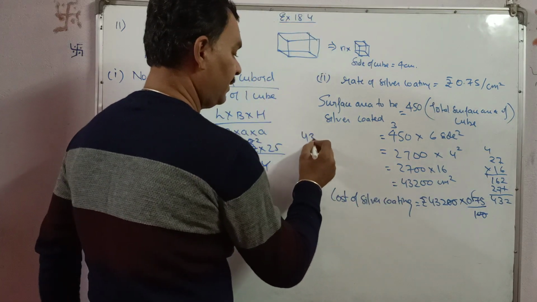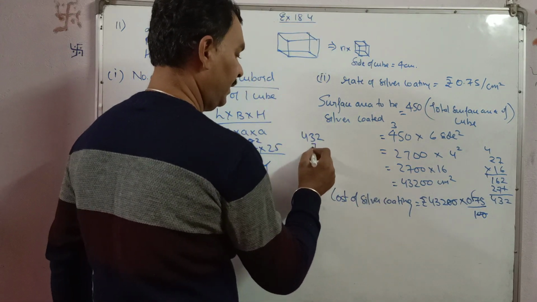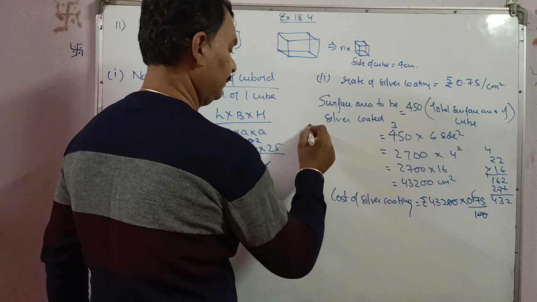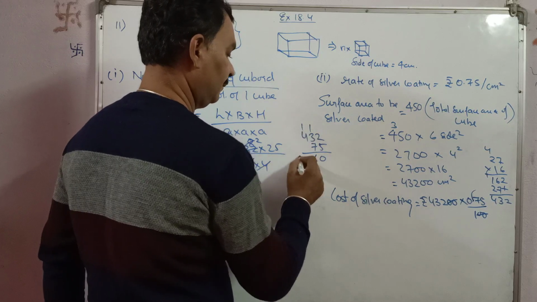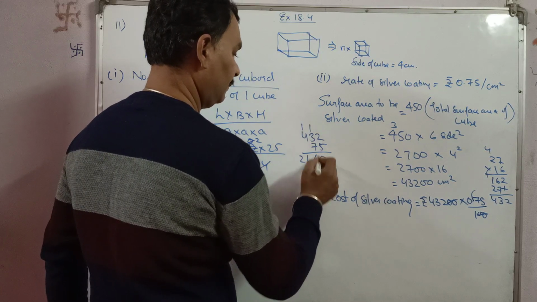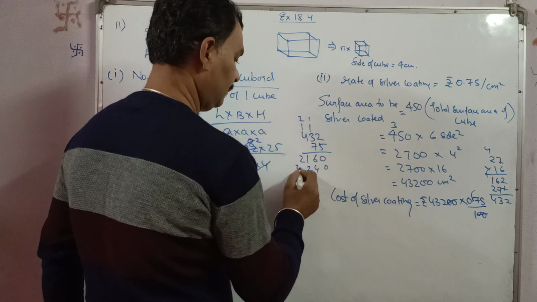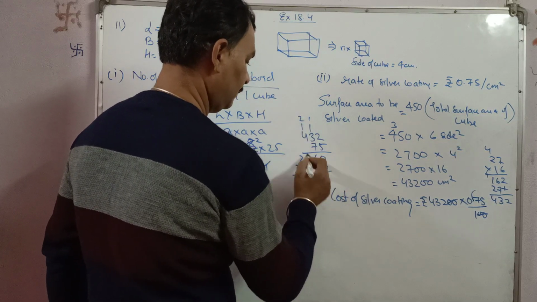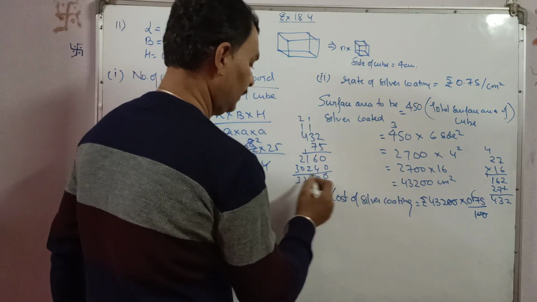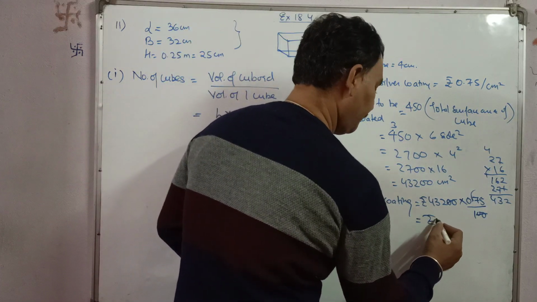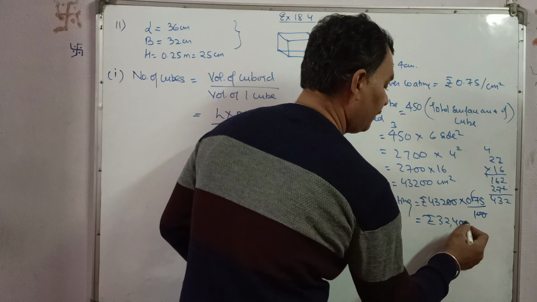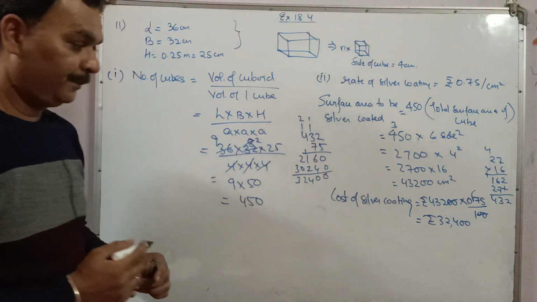Now 432 multiplied by 75. That is rupees 32,400.